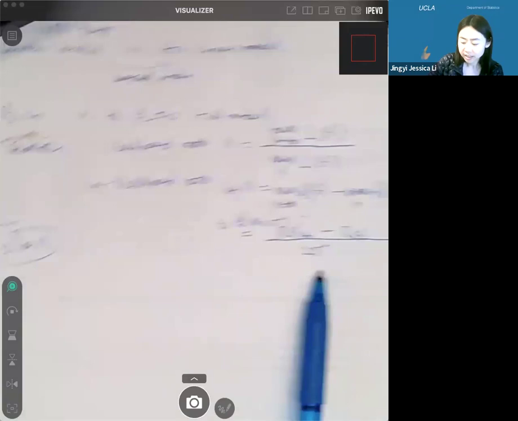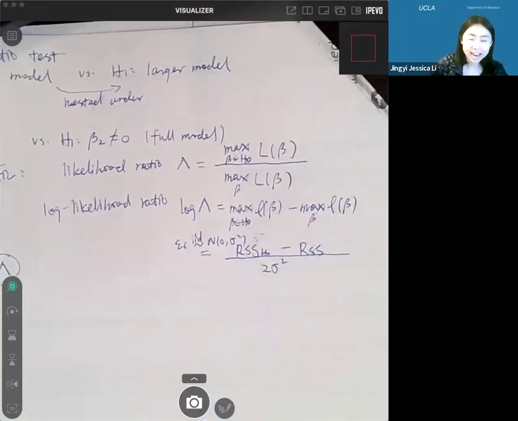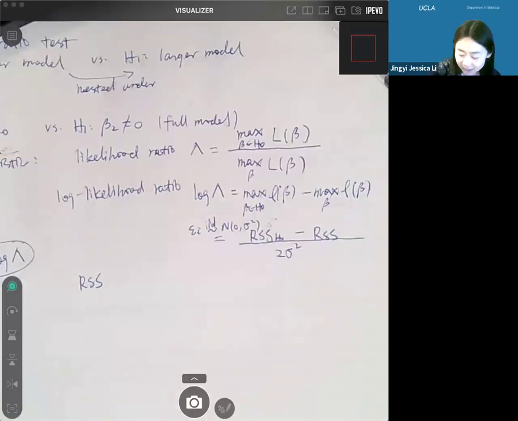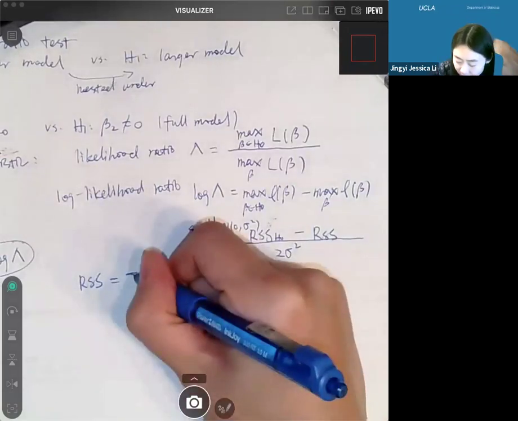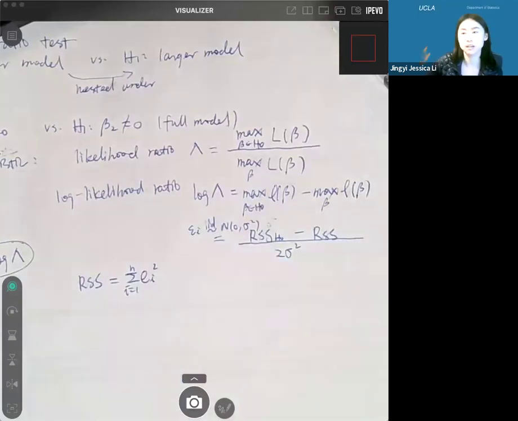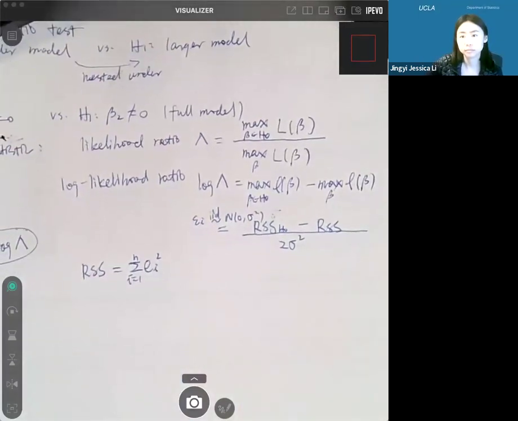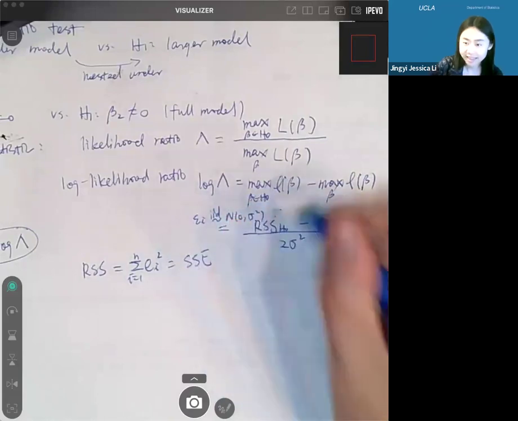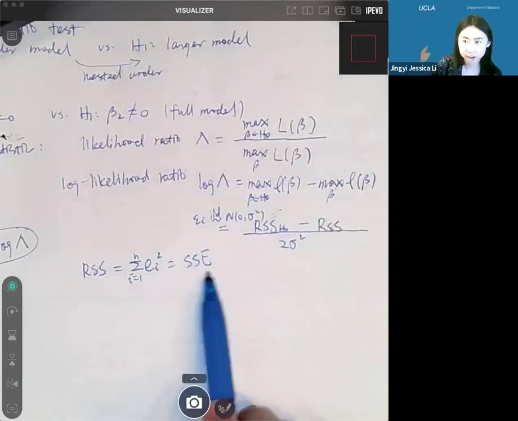And this RSS is defined as the residual sum of squares, the thing we have seen already. Later when we talk about ANOVA, you will get another name, SSE, the sum squared error.